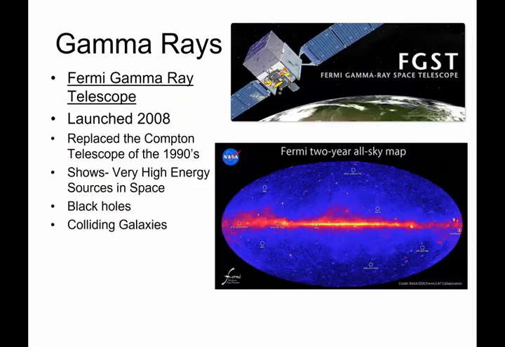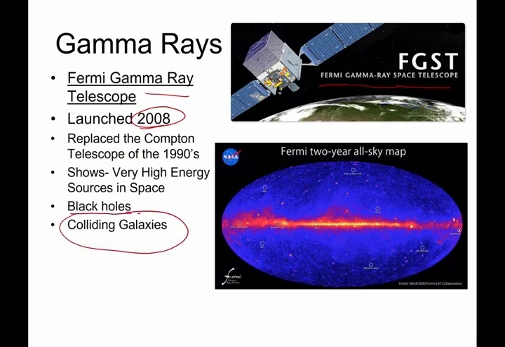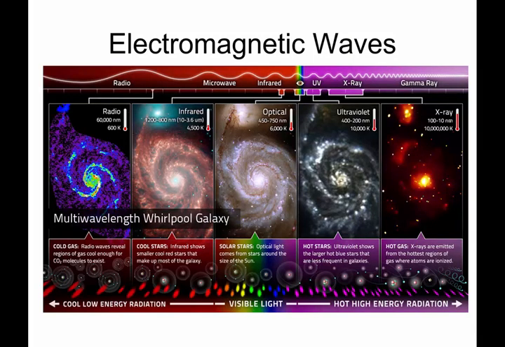And in order to detect these, NASA has launched the Fermi Gamma Ray Space Telescope. The Fermi Telescope was launched in 2008, and it is there primarily to detect black holes and colliding galaxies. So very, very nifty stuff.